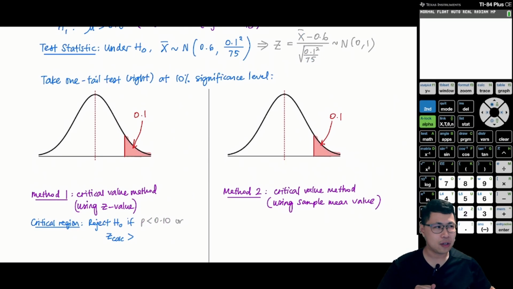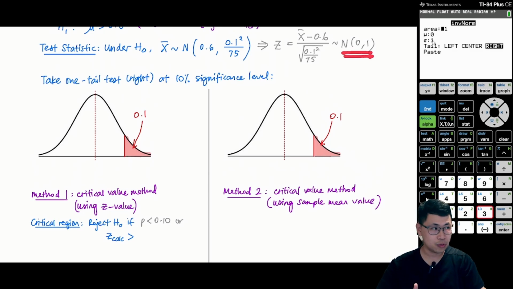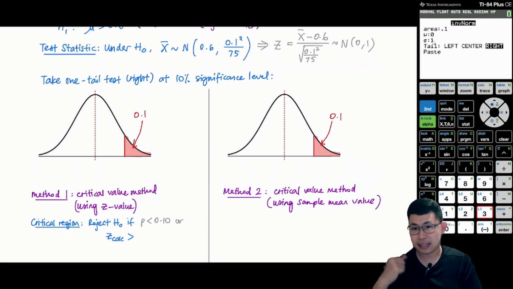So let me toggle my calculator. This is how I will use the inverse normal. Key in my area over here, then key in my mean and standard deviation, because this is a standard normal distribution. So the mean and standard deviation will be just 0 and 1. At the same time, if you're using the z-value method, we should be standardizing in the previous step.